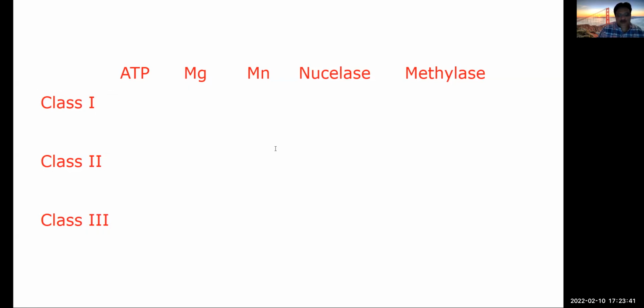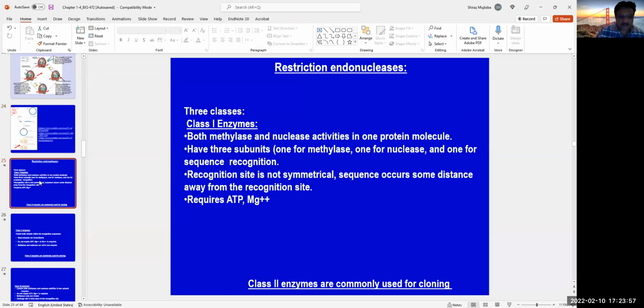Now, if you have such a chart in front of you, it will take you a few seconds to see what is what, as compared to going back and forth or reading the slides, right? So let's see what the type 1 enzyme is.